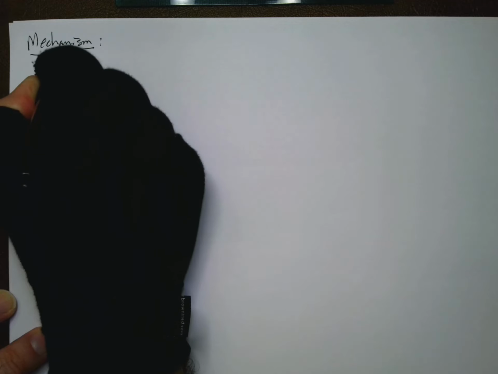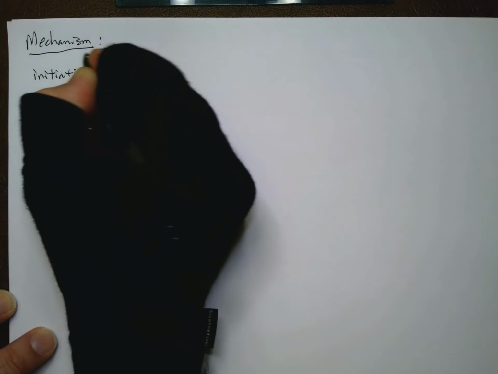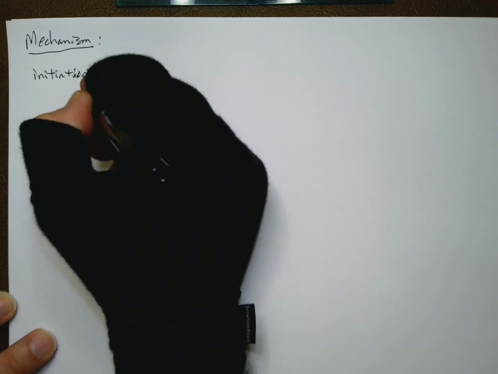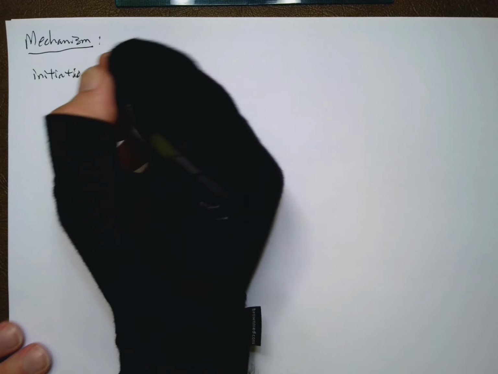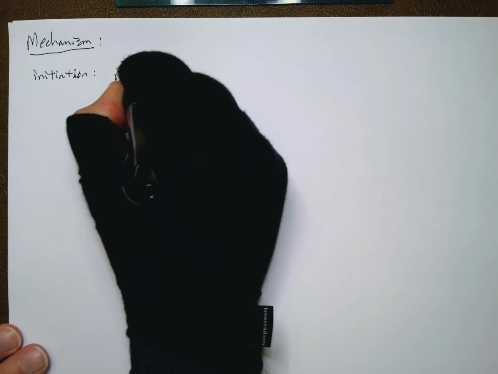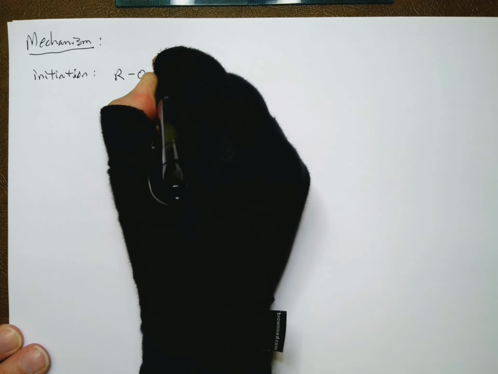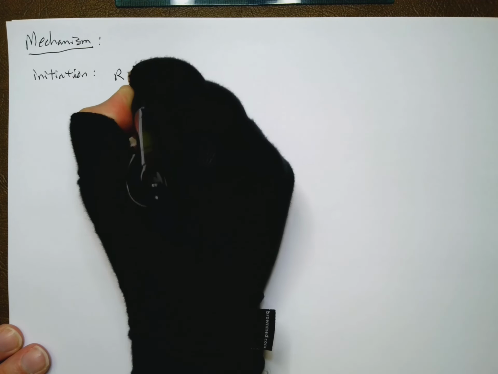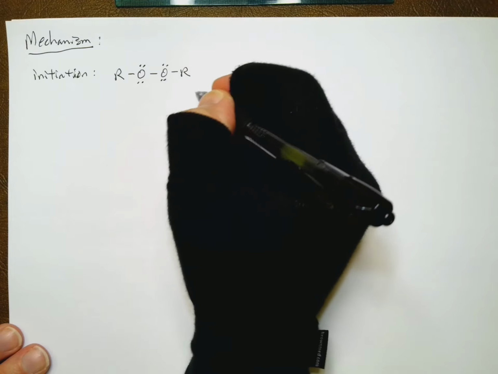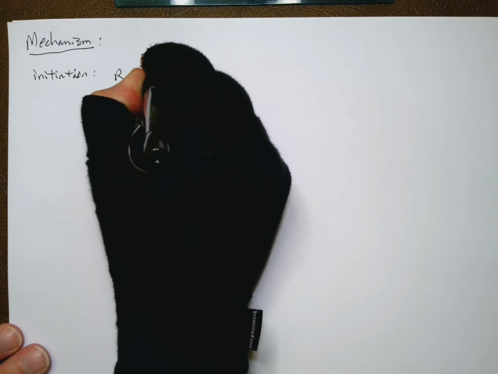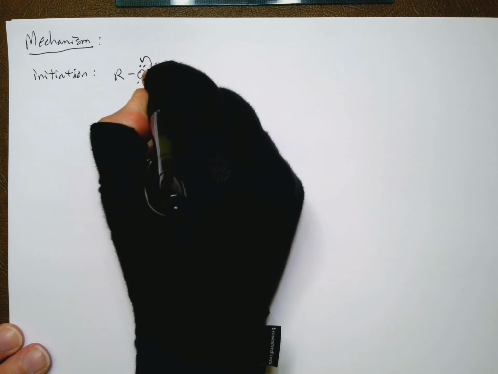You might remember from chapter 6, we write our free radical mechanisms a little bit differently. We start with an initiation step or steps. And in this case, we have our peroxide, and that O-O bond, the oxygen-oxygen bond, is fairly weak, so it tends to just fall apart.